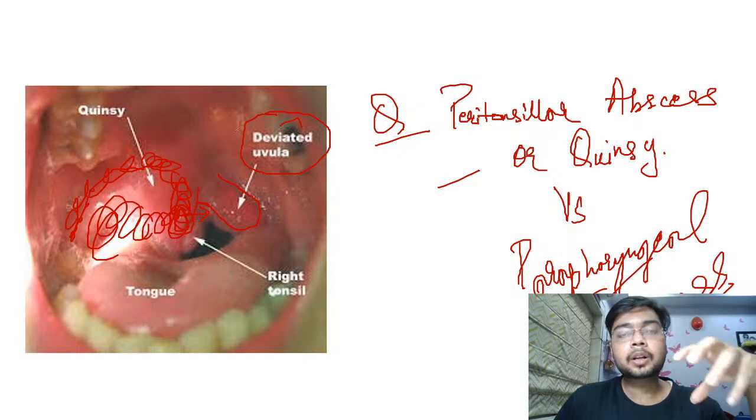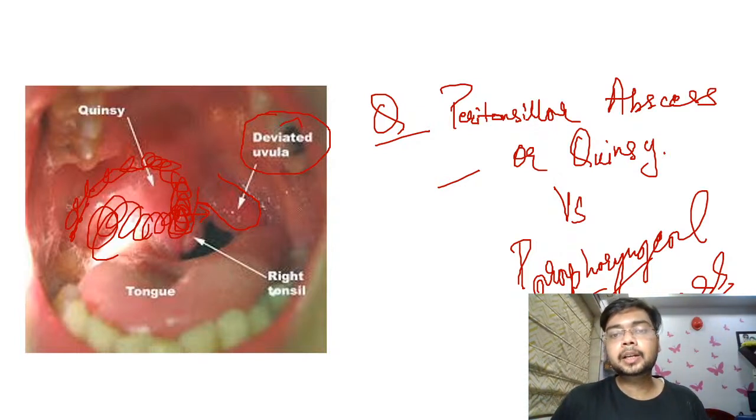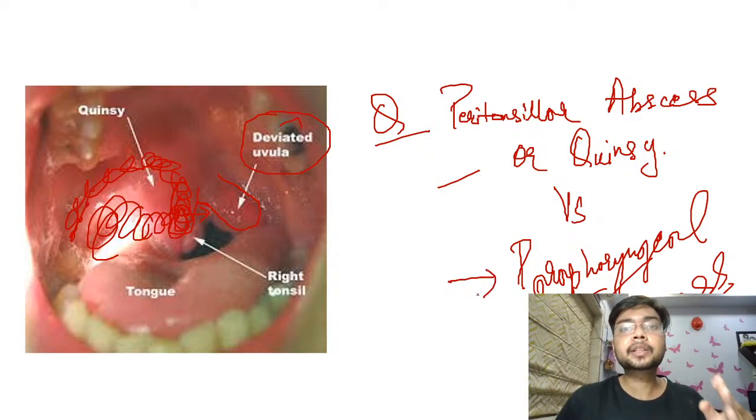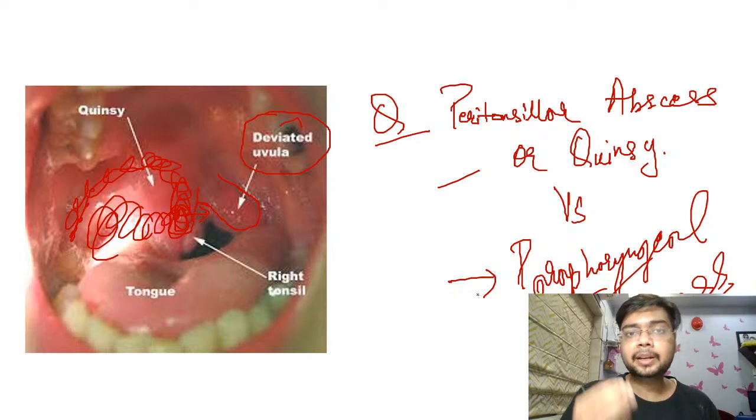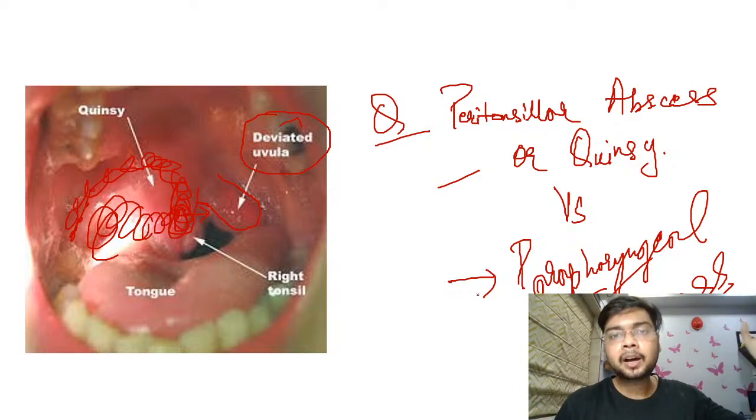But this deviation of the uvula, pushing of the tonsil medially towards the midline, is also present in parapharyngeal abscess. Then what is the difference? The difference is the parapharyngeal abscess is not angry with you. That means the parapharyngeal abscess doesn't look angry, because the pus and the infection are lying in the parapharyngeal space, which is far behind the tonsil.